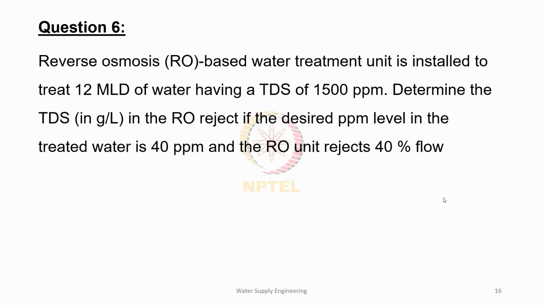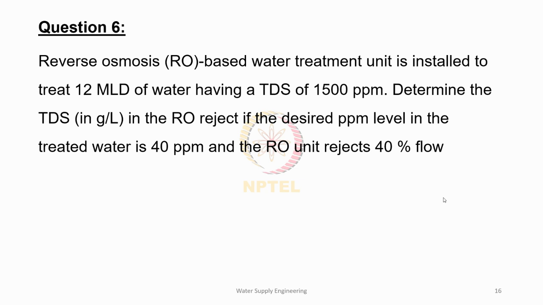So moving on to the next question, it's a numerical problem. A reverse osmosis based water treatment unit is installed to treat 12 million liters per day of water having a TDS, total dissolved solids, of 1500 ppm. ppm is parts per million, one of the units.